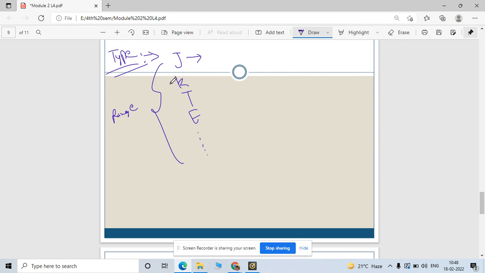So just go through that and find out at what type you can measure the maximum temperature, okay. So according to this there are also different combinations.